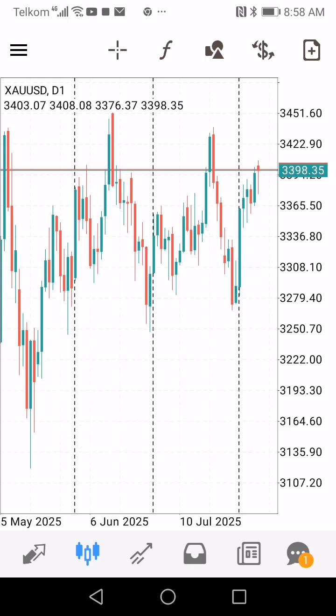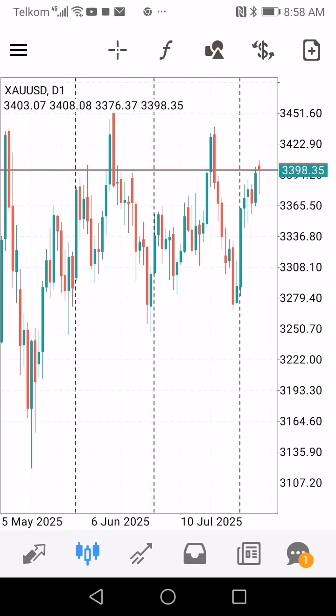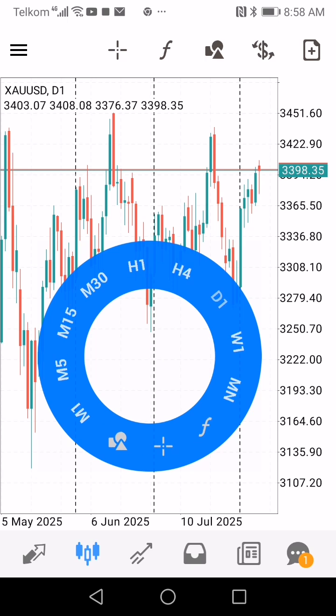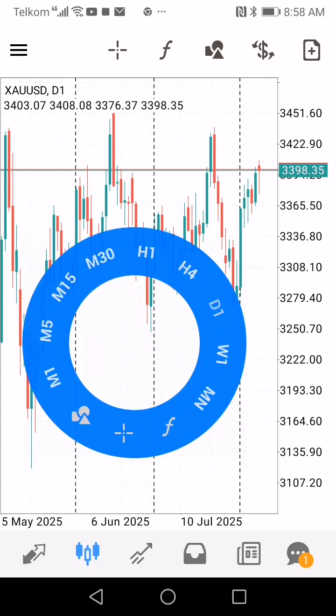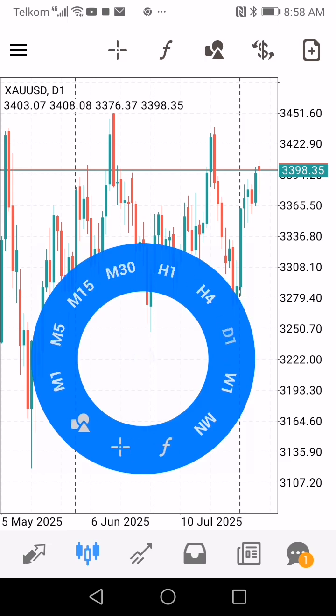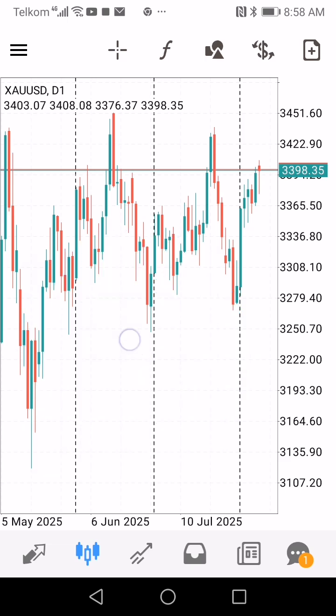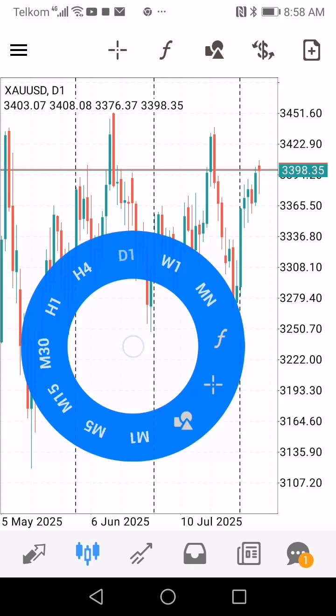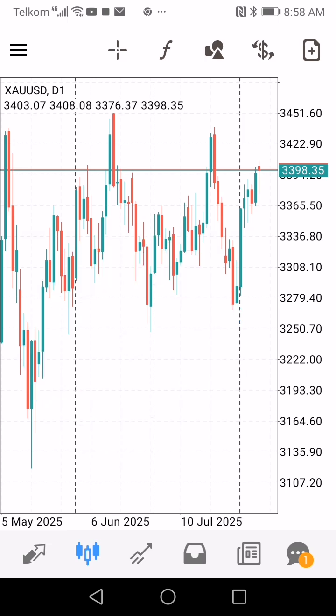You can also understand the value profile, the market profile. I call it support and resistance and end of the week price action. You will see the volume profile or market profile, whatever you name it.